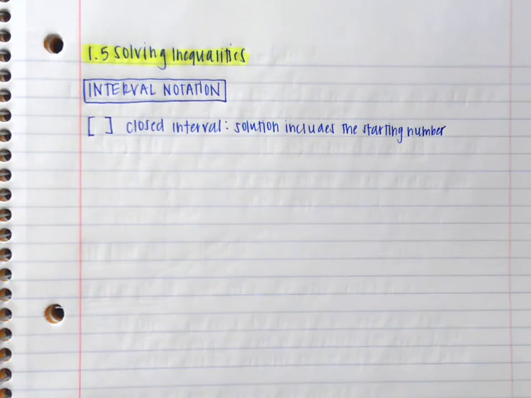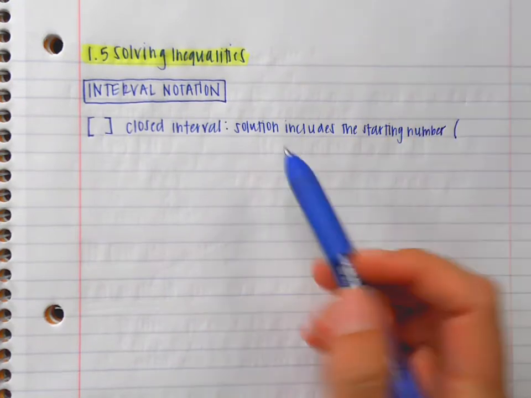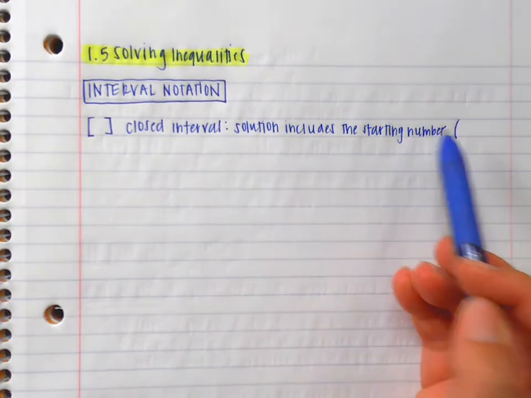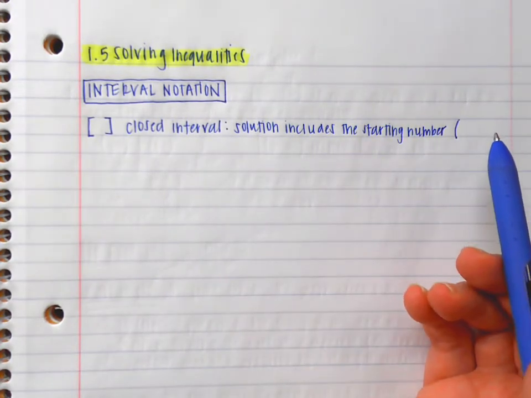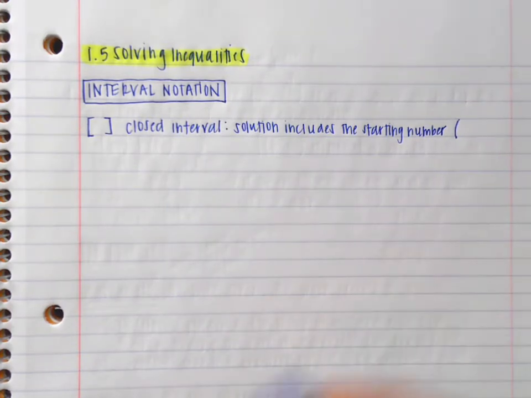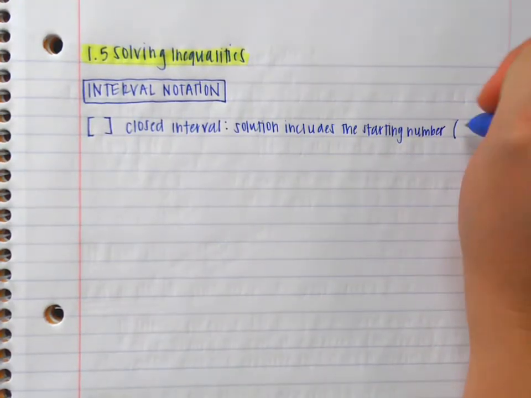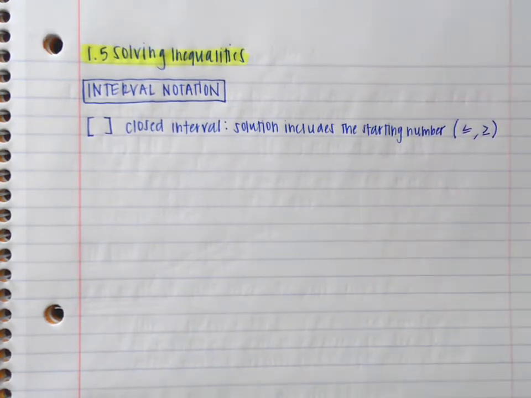So inequalities that are closed intervals are less than or equal to or greater than or equal to. It's with that or equal to factor that's making it a closed interval, which is what I mean when I say the solution includes the starting number. So if it's x is greater than or equal to 3, your solutions are 3 and everything else that's greater than that. So it includes that first number. Okay, so it includes less than or equal to or greater than or equal to.